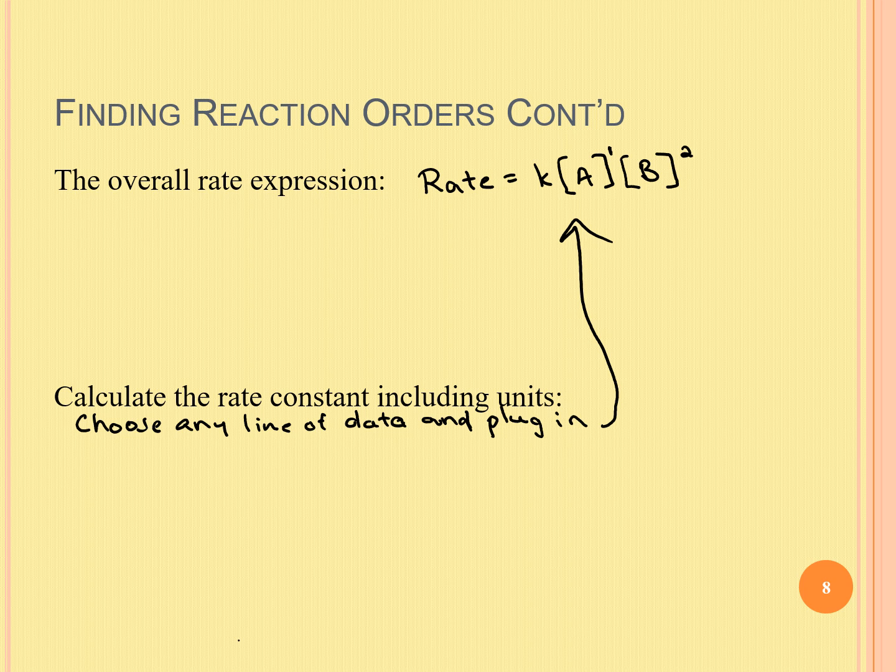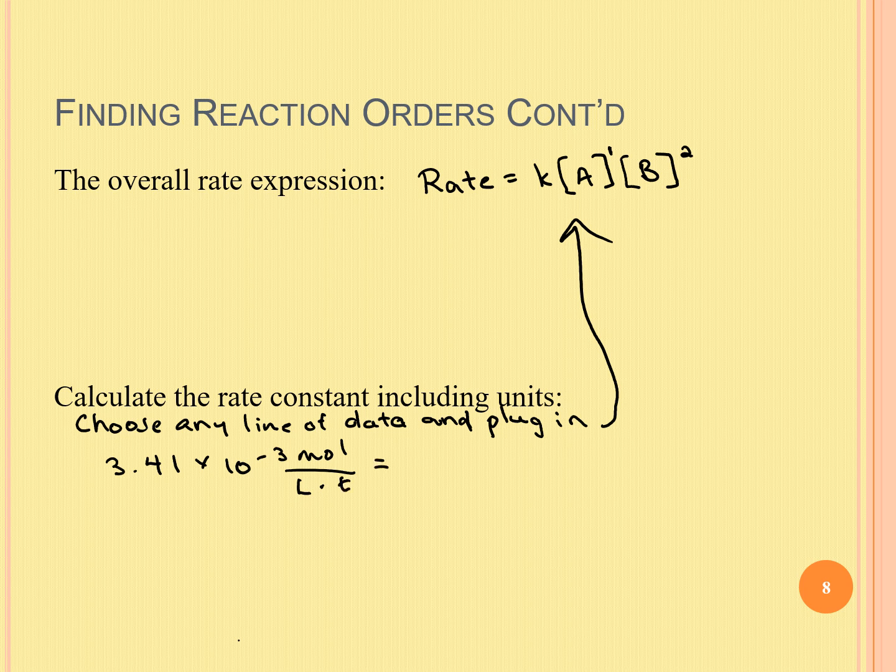I am going to choose the top line of data. If we look way over on the right, the rate for the top line of data was 3.41 times 10 to the minus third. Remember that rates have units of moles over liters times time.